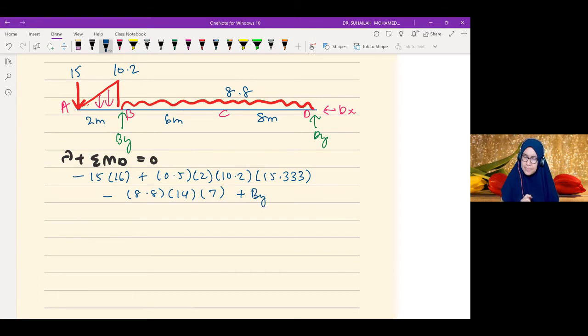Plus BY times 14 equal to 0. Please calculate what is the BY value.